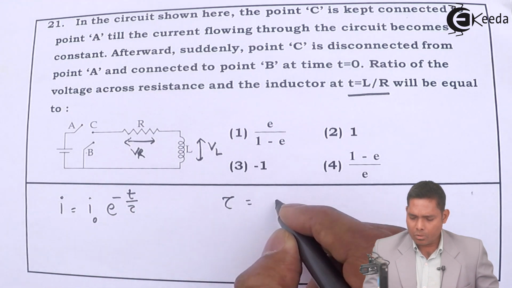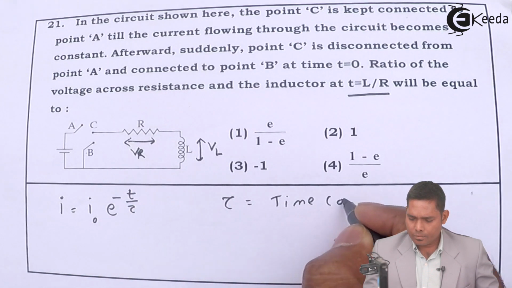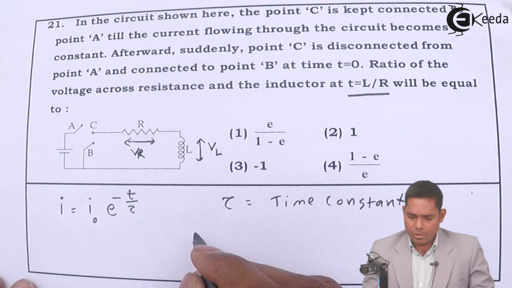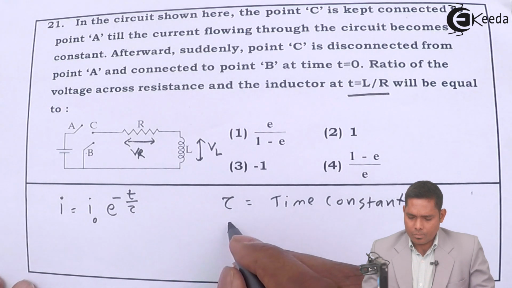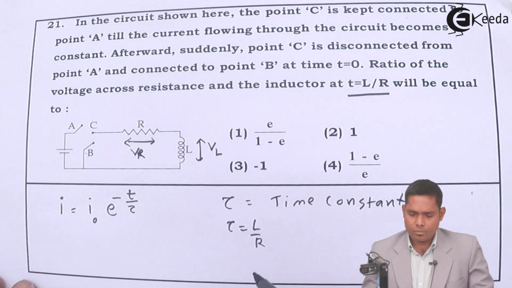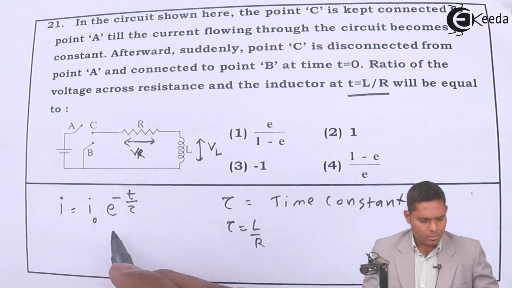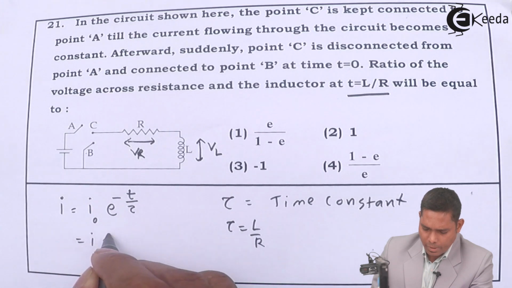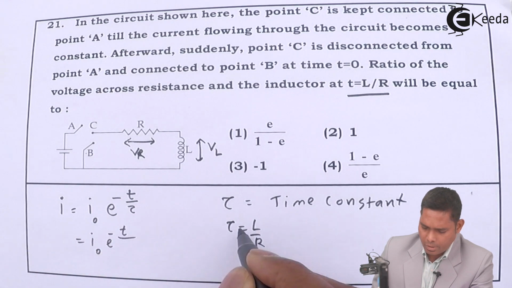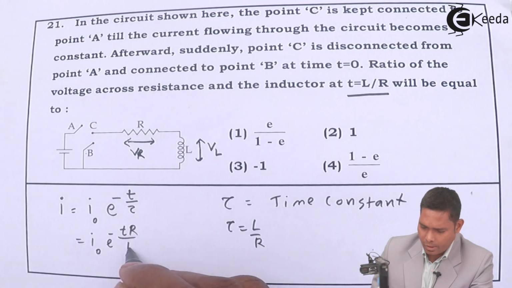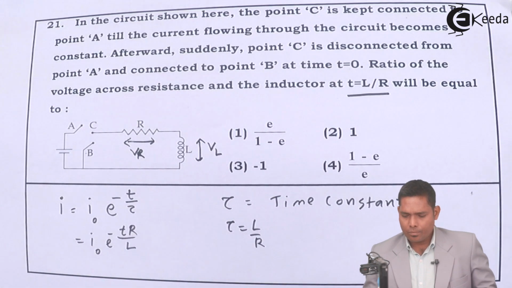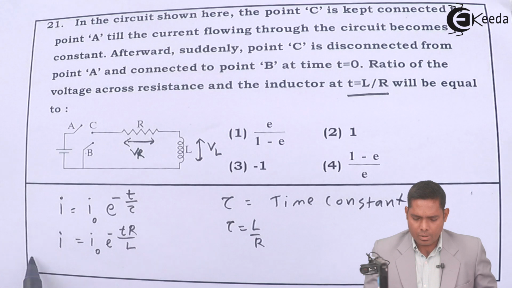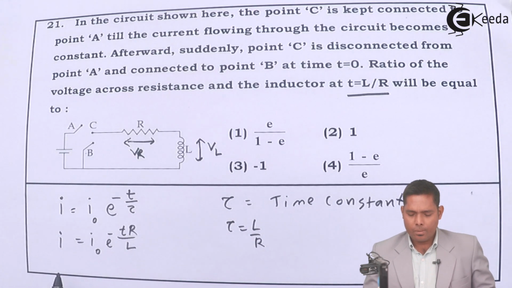The tau is called the time constant, and that is L by R. So if I substitute that, this becomes I naught e raised to minus t divided by L by R, so it is R over L. So this is the expression, and this formula for current we have to use.